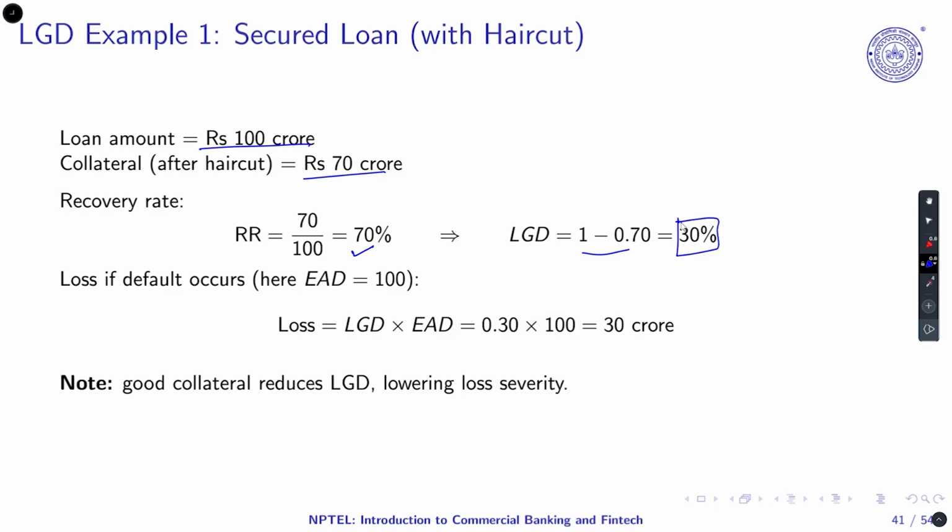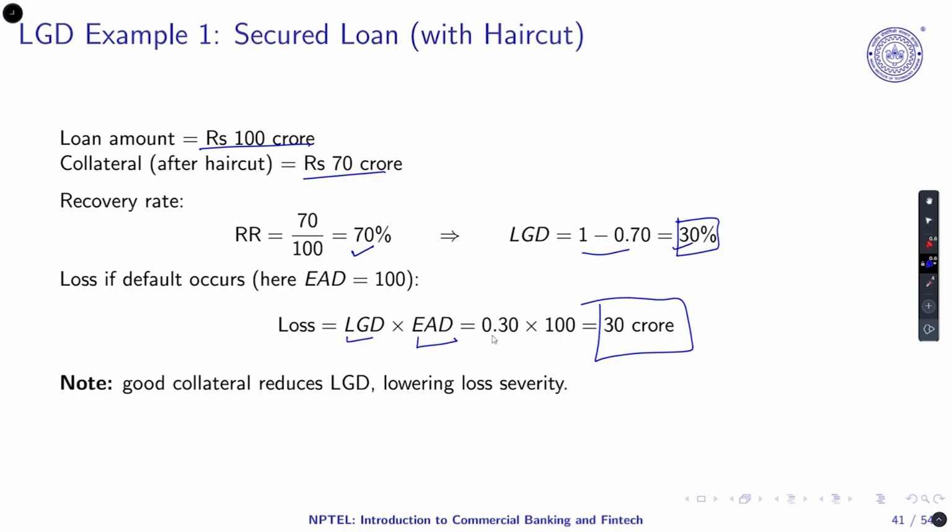Loss if default occurs is loss given default multiplied by exposure at default. Exposure is 100 crore, so 0.3 multiplied by 100 comes out to 30 crore, which means the loss is 30 crore.